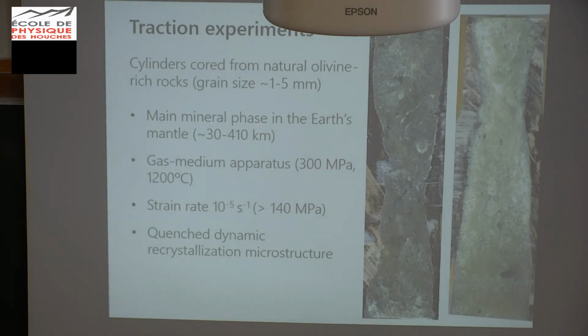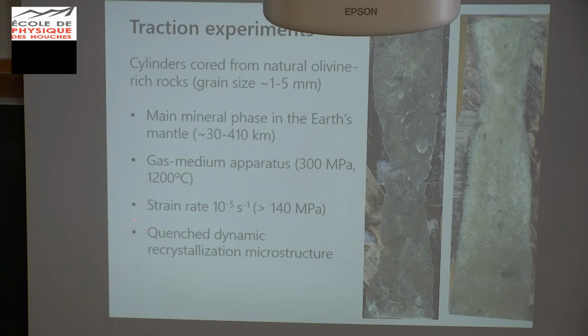These cylinders were deformed in a gas medium apparatus at 300 megapascals pressure and 1,200 degrees Celsius, which is a high temperature even for olivine.